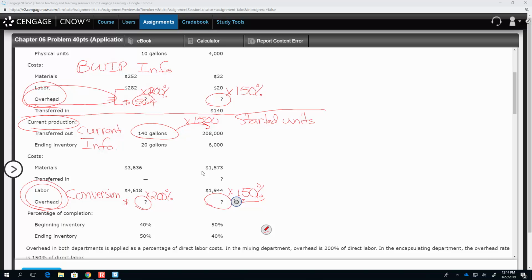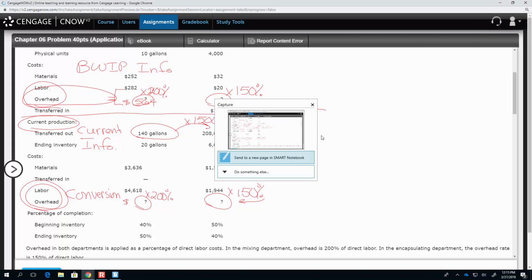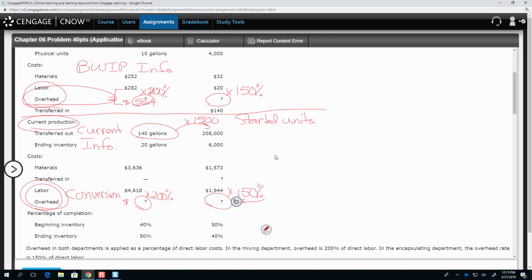So again, be careful how you read the page. Now I'm going to take a snapshot of this if I can. So that's going to be in my notes for today's class. So if you didn't catch something, that's going to be in my notes.